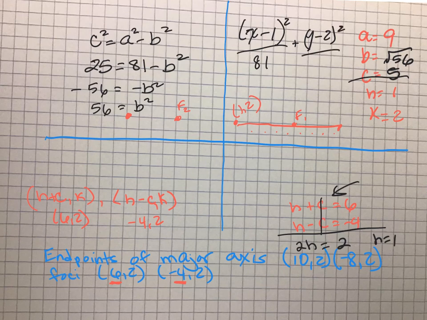And since B is the square root of 56, B squared is just a plain 56, equals 1. So like we did with parabolas, you have the formulas, you use the formulas to find what you're missing. You guys were pretty good at that. If you have any questions, just give me a call or email me and I'll Zoom with you.